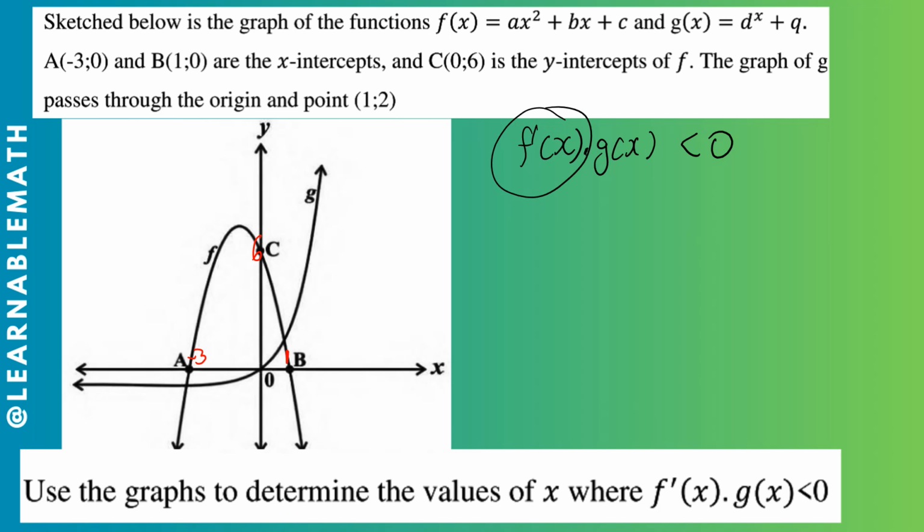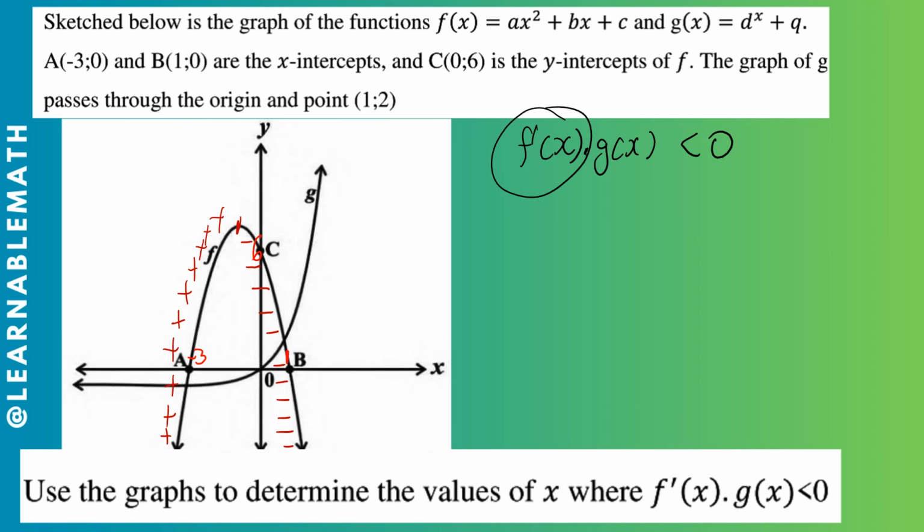From this point going upward, the slope is positive. In other words, this graph is positive till we reach the turning point. Then if you draw the tangent there, it's of a negative gradient. So from this side, f prime of x will be negative, the gradient.